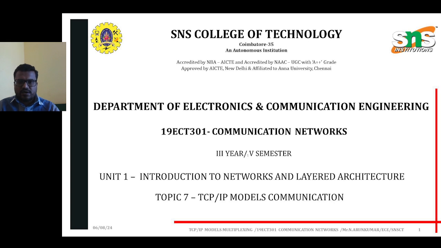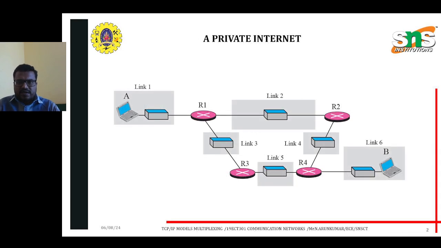In this video, I am going to share about the TCP/IP model communication process. A private network is based on routers and hubs as well as the network connections. Here they are given various links which are used to connect the router as well as the hub.